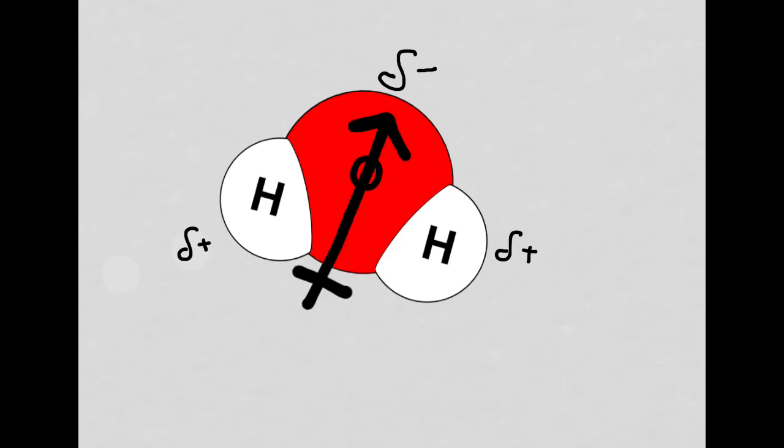So if we were to put one big arrow where the head of the arrow was pointing toward the negative charge, and the tail of the arrow has a little positive right here, it would be pointing in one direction. And we can do that sometimes depending on the molecule. We call this a dipole moment.